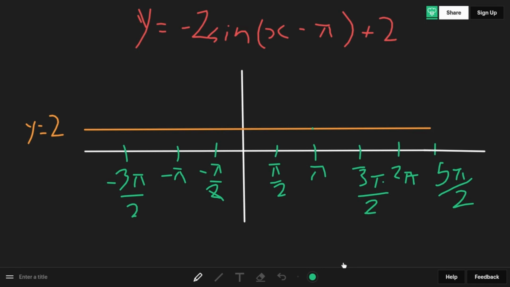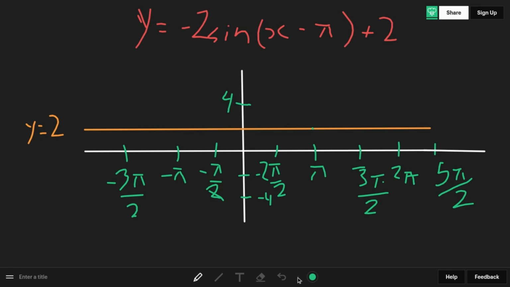So I can make a point here at 4, a point here at negative 2, a point here at negative 4. So now that I have a point here, this will be negative at the next interval, which is every period divided by 4. That's one way to think about it.